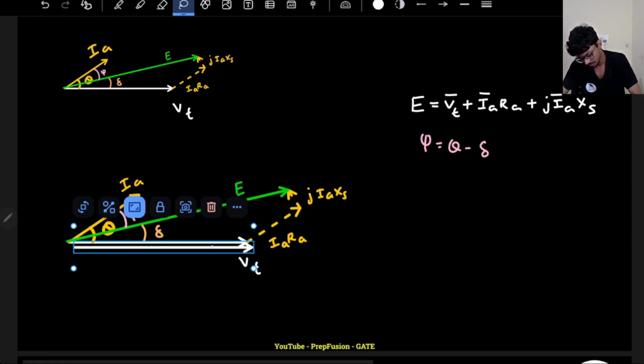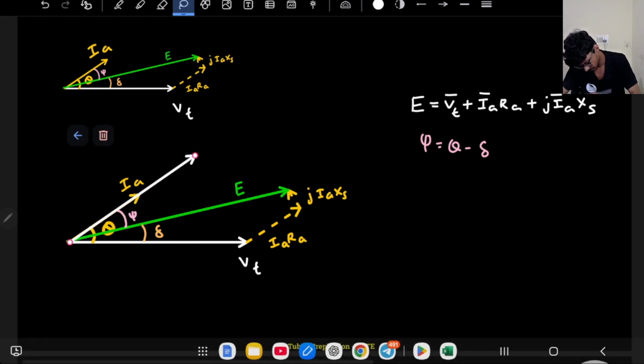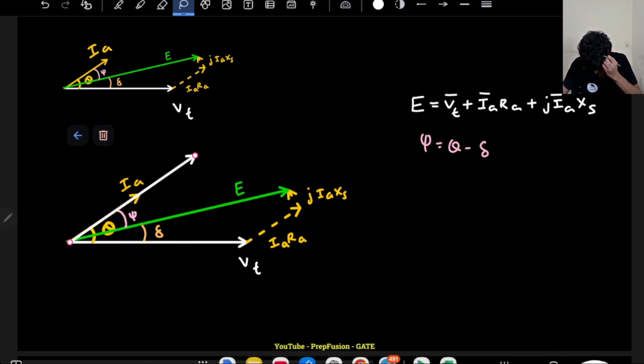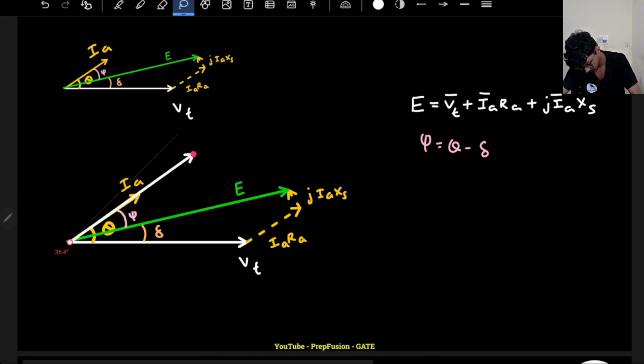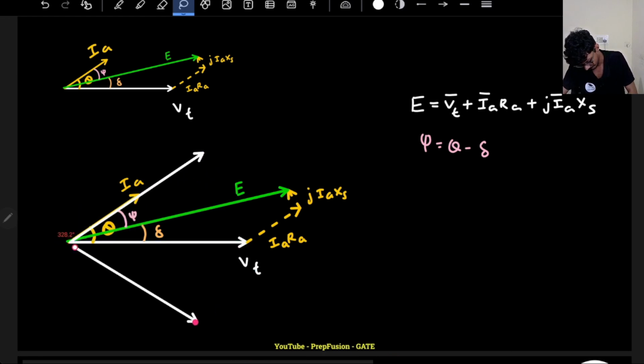One will be Vt cos theta, and the other Vt sin theta, right? That will be perpendicular basically. It will be somewhere around here.